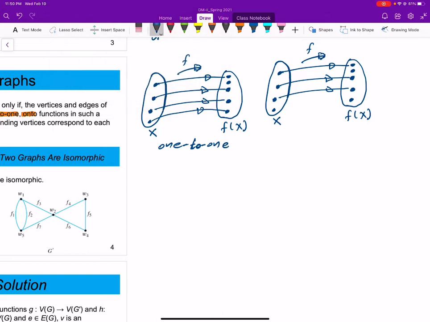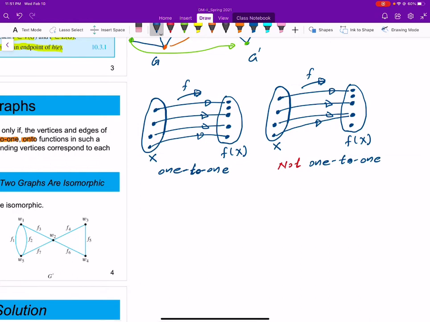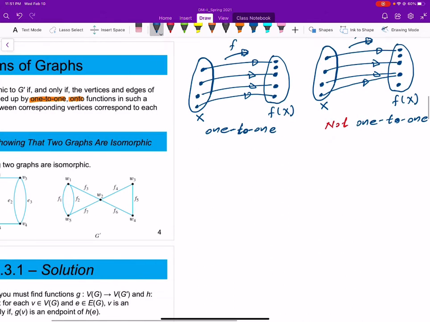In this case, both points are mapping into the same point. So this is not one-to-one. Okay, this is your knowledge from discrete math 1. Then let me explain the case on onto.